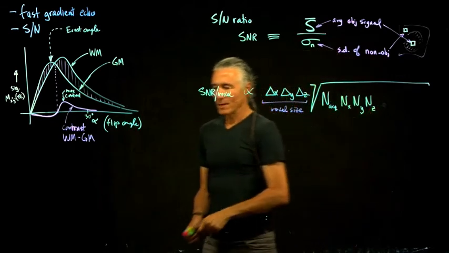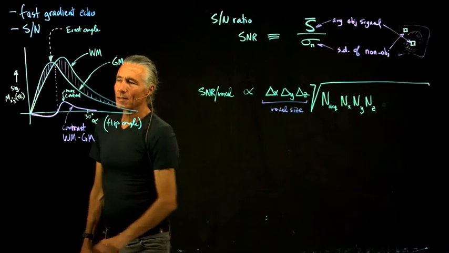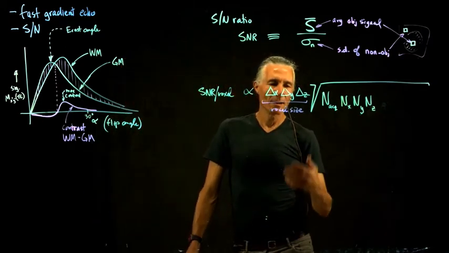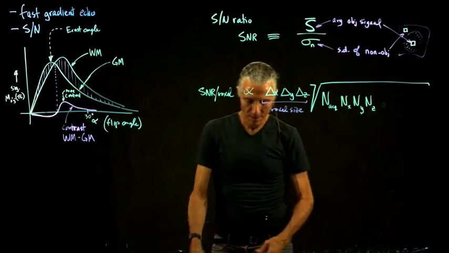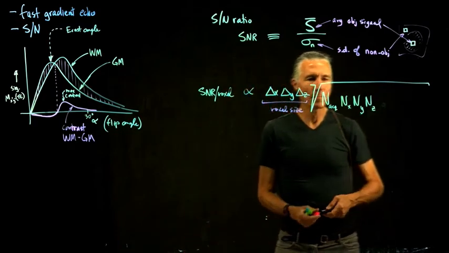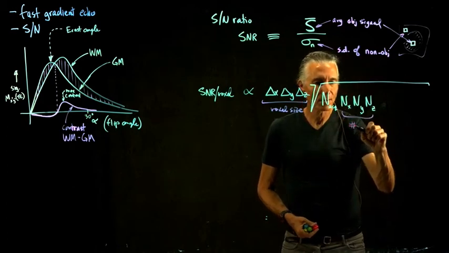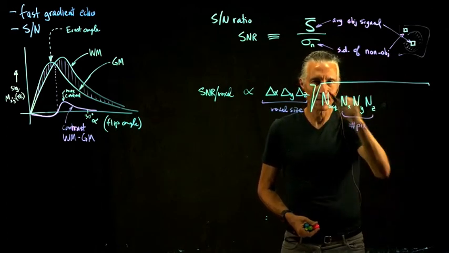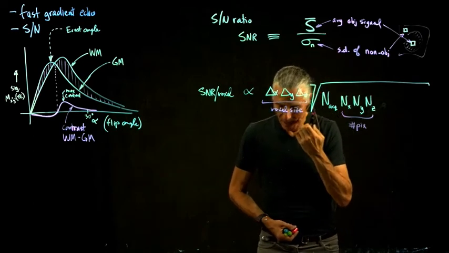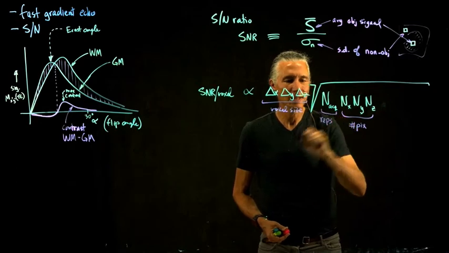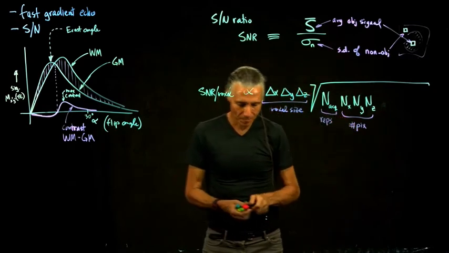So if we collect 16 million points in K-space, we get 16 million points in our 3-dimensional reconstruction. So you collect more pixels, you get more signal to noise, but it's under the square root. This you can think of as the number of reps. How many repetitions did you do?